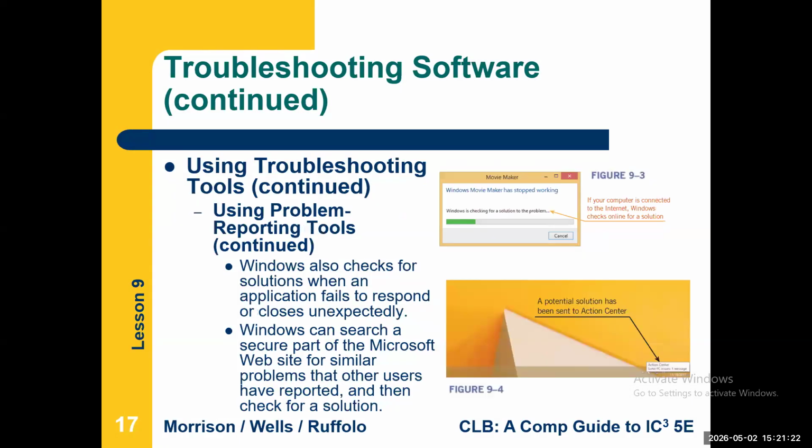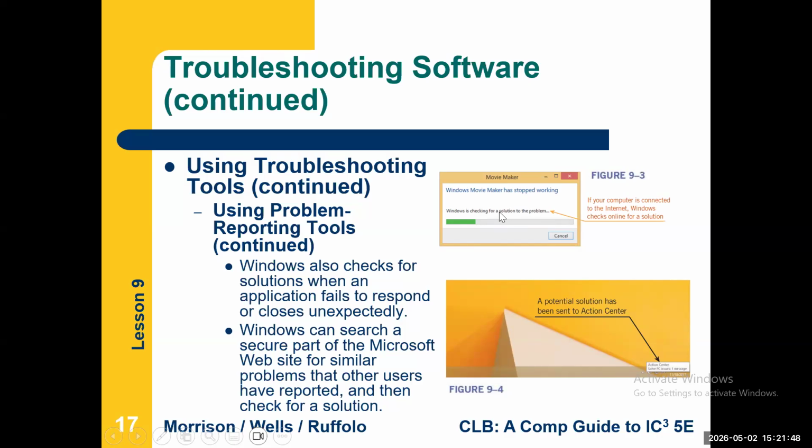So usually, this is how everything happens. Using your system reporting tools, Windows checks for the solution when that application fails. Let's say that you have an application running, and then all of a sudden a problem happens. When that happens, your operating system usually uses the reporting tools and generates a report.